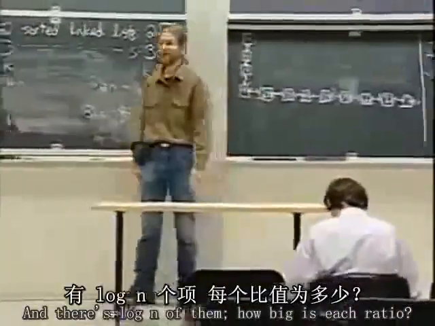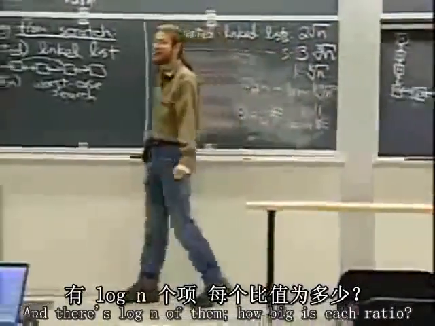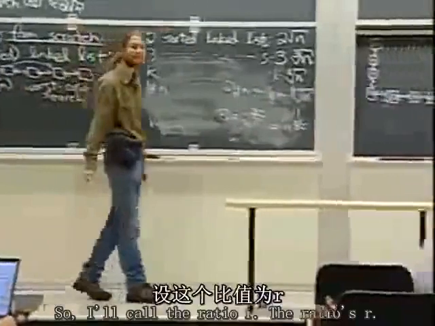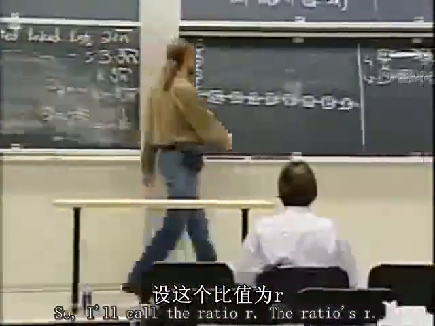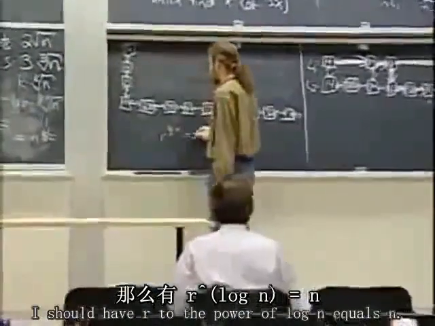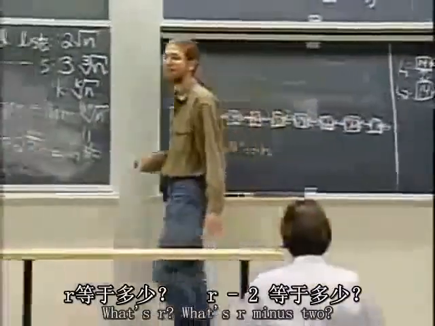There's log n of them, how big is each ratio? Call the ratio r. I should have r to the power log n equals n. What's r?